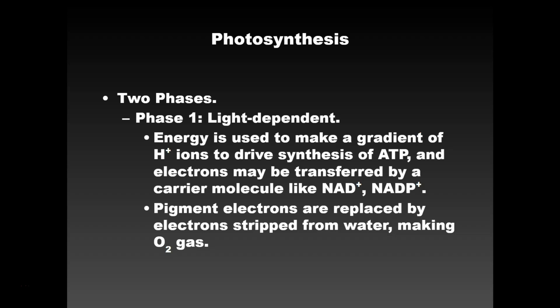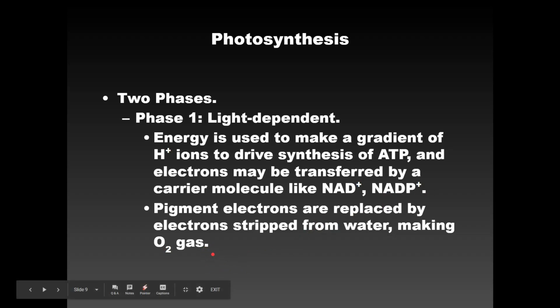And those hydrogen ions are going to be used to create ATP. And we can kind of think of it as those electrons are going to be transferred to NADP+ to make NADPH. Okay? Those pigment electrons are then replaced by electrons which are stripped from water, making O2.